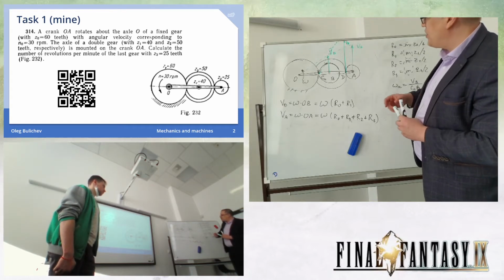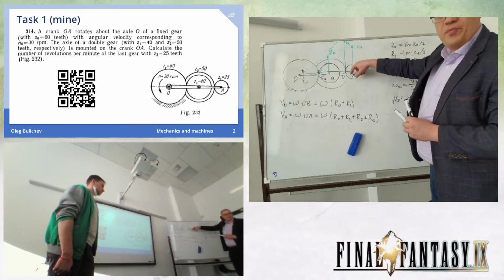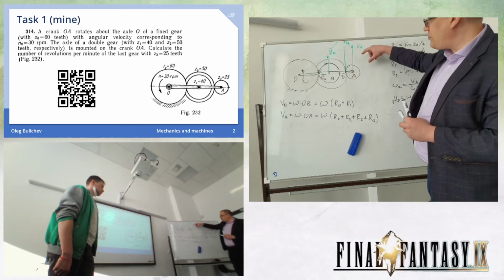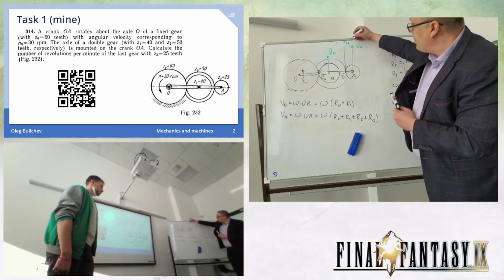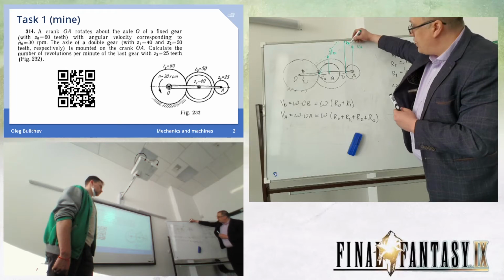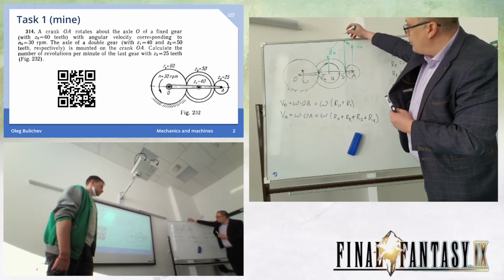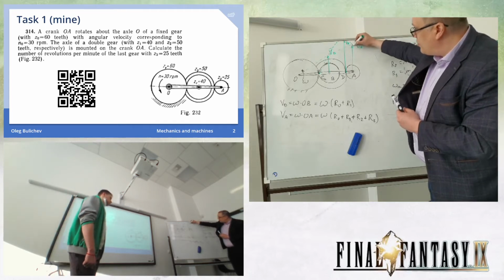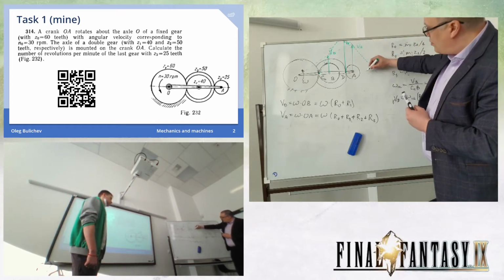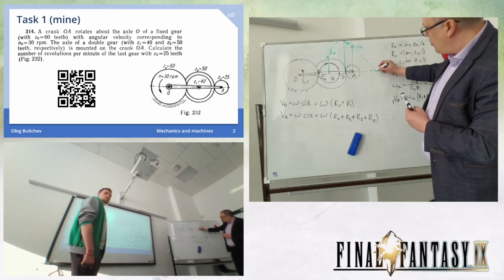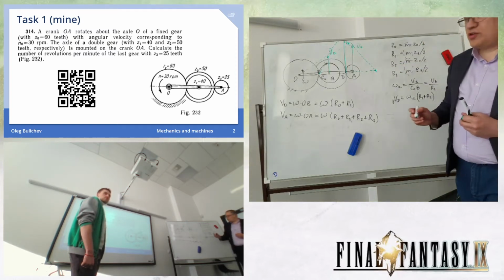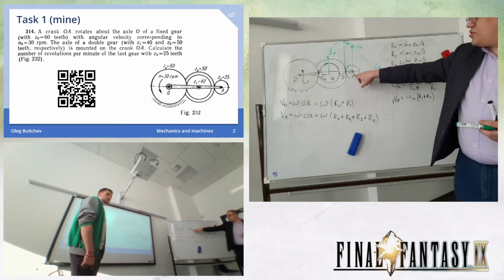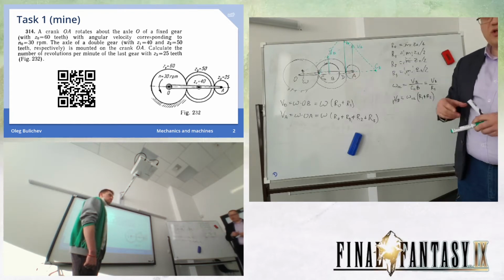Then it means that the instantaneous center of velocities for the third gear is something here, at the end of VD, something like this. C3 is the instantaneous center of velocities for the third gear.